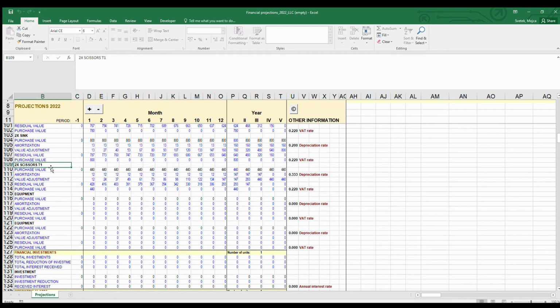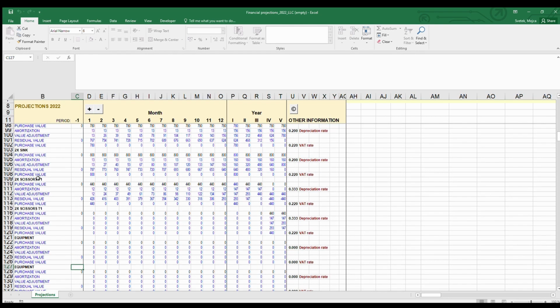After 3 years, she has to replace these with new ones, so she will have to invest into two new pairs of scissors of this type in the 4th year of operations, which should be carefully recorded in the projections together with a depreciation rate of 33% and VAT rate of 22%.